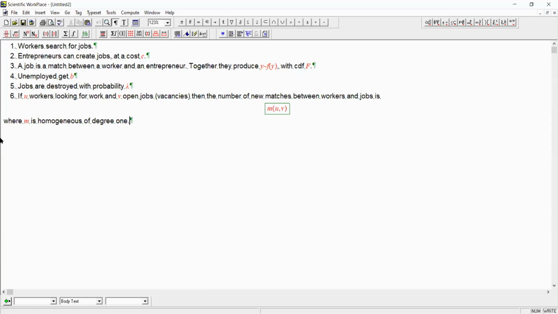For example, M could be Cobb-Douglas, although that's just one example.